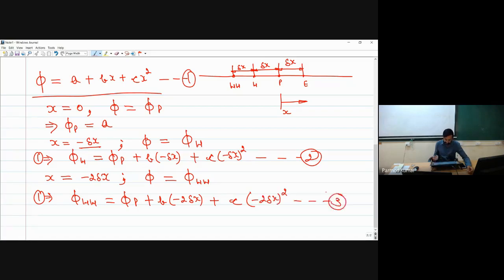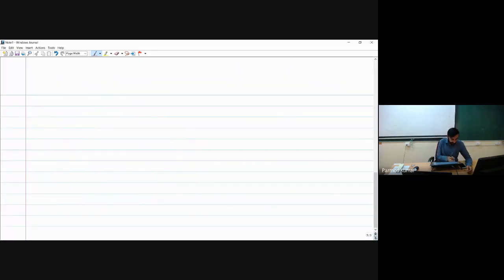Okay, so now let me rewrite equation number 2 and 3. Equation 2 becomes phi w minus phi p equal to minus b delta x plus c into delta x square.